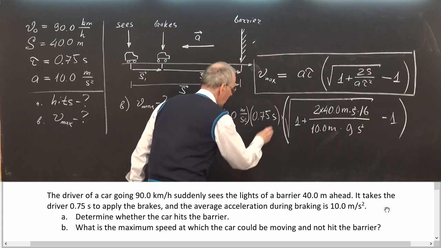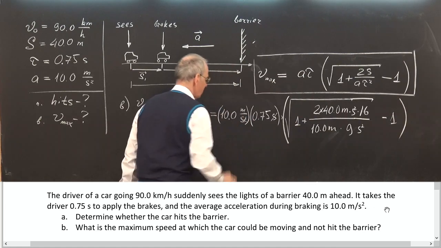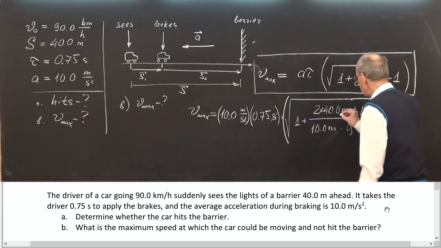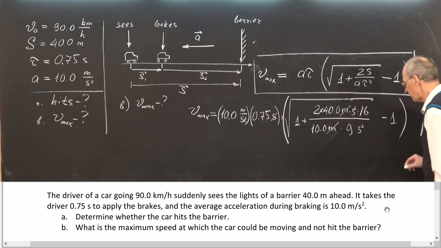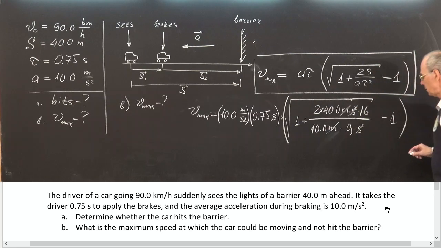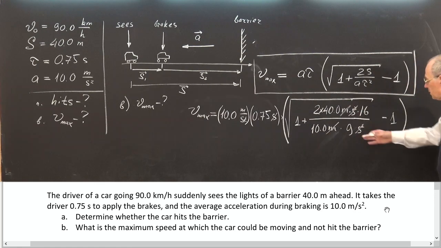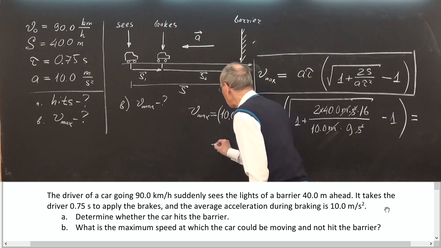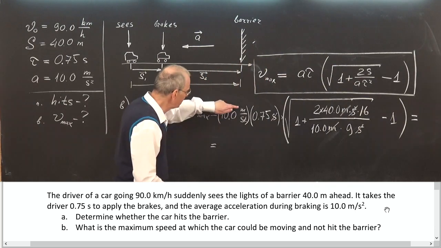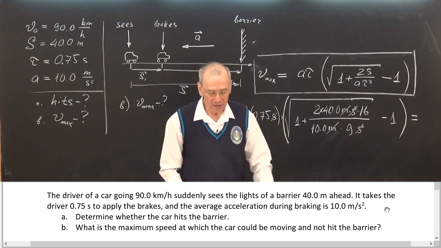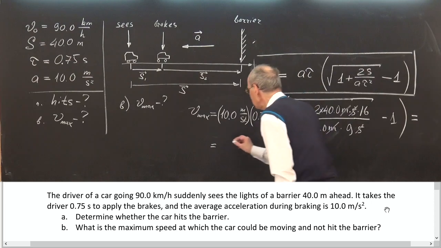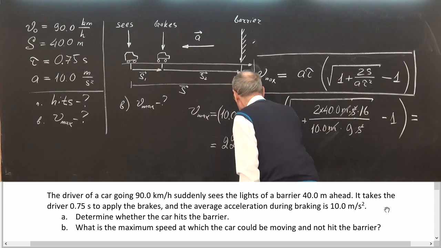Units: seconds and seconds squared partly divide out. Meters divide out. Seconds squared divide out. So we have a dimensionless root minus a dimensionless unit, and after calculations we have the result in meters per second, and it gives 22 meters per second.